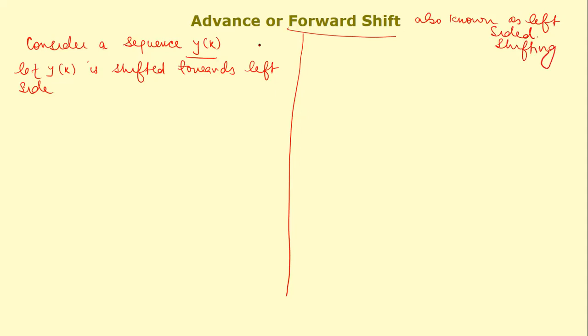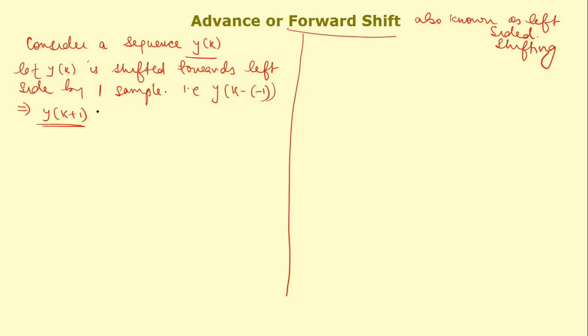That means we are shifting the given sequence towards the left side, one sample by one sample. Now we have y k minus minus 1, which could be written as y k plus 1.